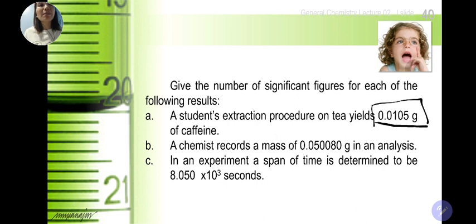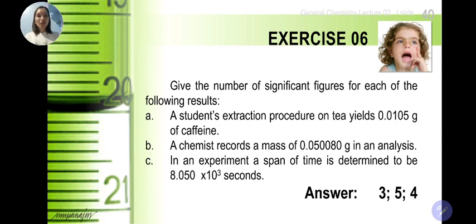And then next, a chemist records a mass of 0.050080 grams in an analysis. And then in an experiment, a span of time is determined to be 8.050 times 10 to the third seconds. So let's see. So the answers are for this one. The first one is we have 3 significant figures.